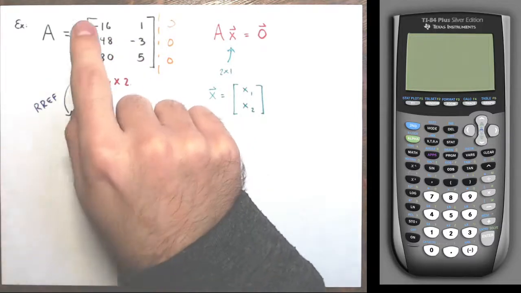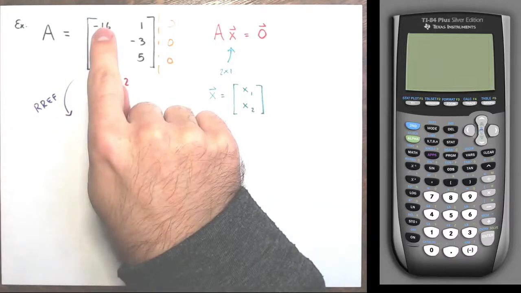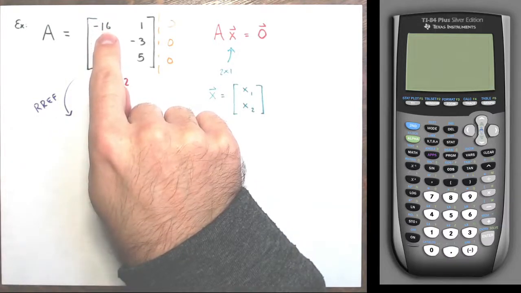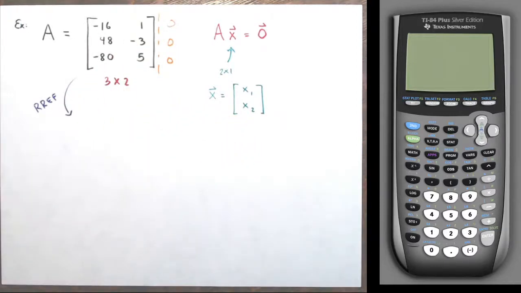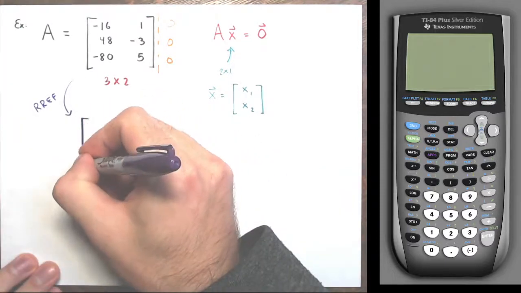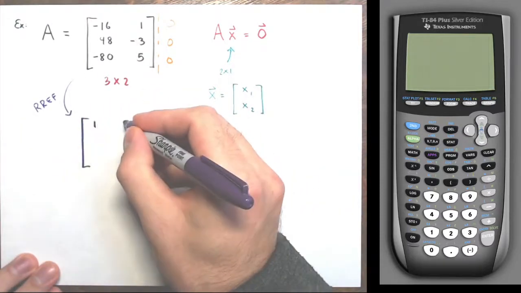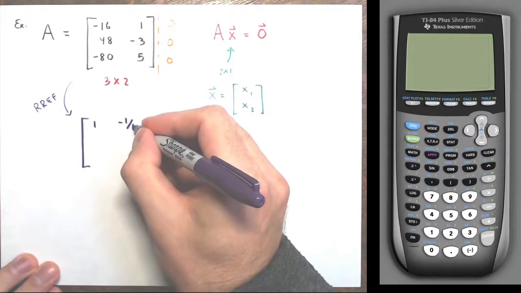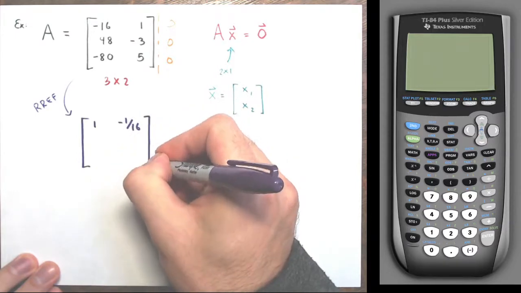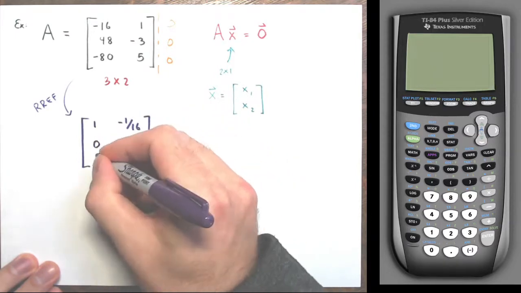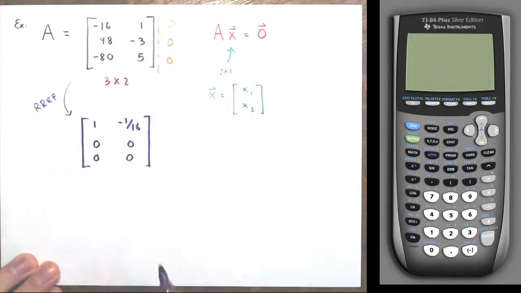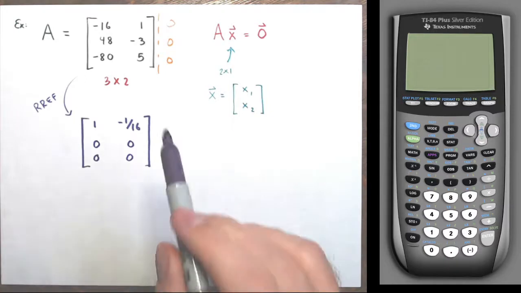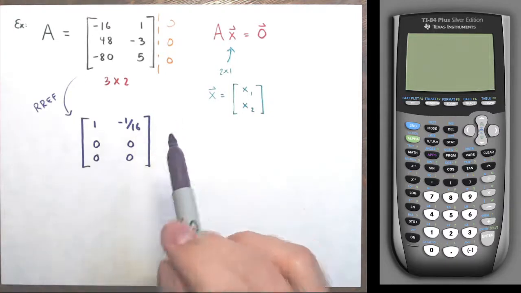And then to get the first row to have a pivot of 1, instead of negative 16, I would multiply by negative 1/16. Alright, so in reduced echelon form, the matrix is this: 1, then negative 1/16, then a couple rows of zeros, because these bottom two rows are just a multiple of the top row. Again, don't forget the equals 0 over here.